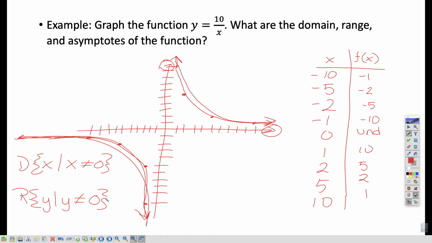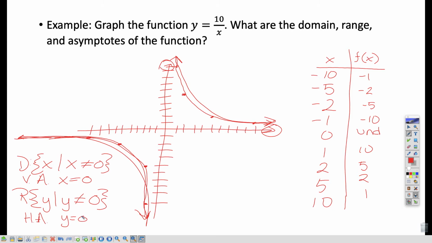Vertical asymptote is x equals 0. Horizontal asymptote, y equals 0. So if I moved my domain, would my vertical asymptote change?